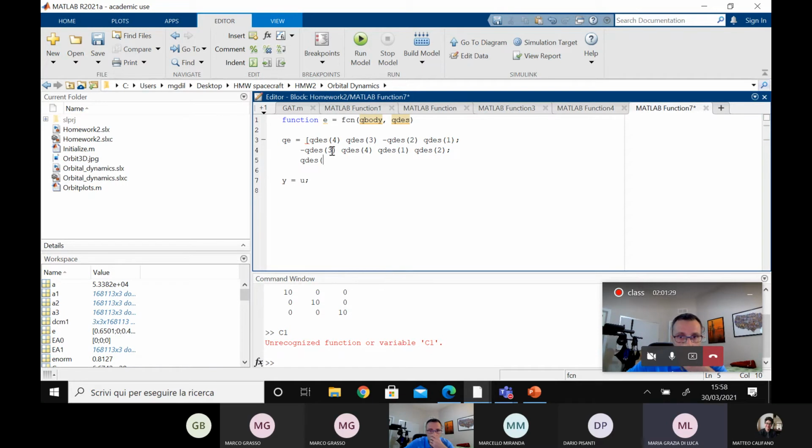Then here we have the second, minus the first, fourth, and the third. And finally, the last row is minus the first, minus the second, minus the third, and the fourth. Oh, sorry. This times the body quaternion.